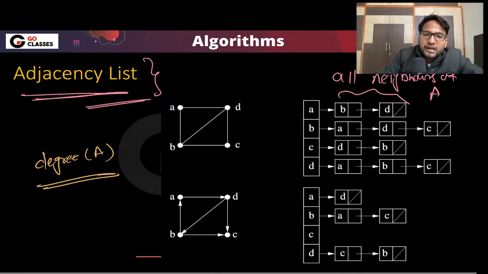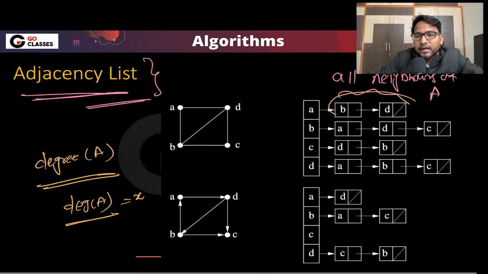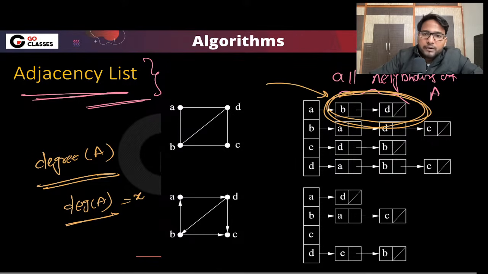What is the degree? The count of neighbors. So this is degree 2. If the degree of A is, let's say, X, then how many nodes are here? Here it will be X only, right?